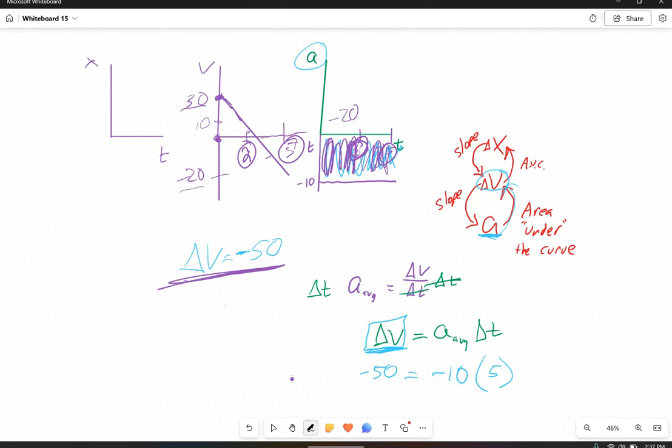So my delta V, my final minus my initial, does in fact line up with this -50. If I did do that easy thing that I was mentioning earlier, where I started from 0, I would just go down until I got down to -50, just to show that it's a change of -50.